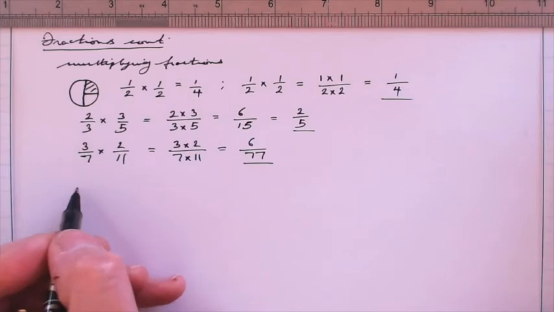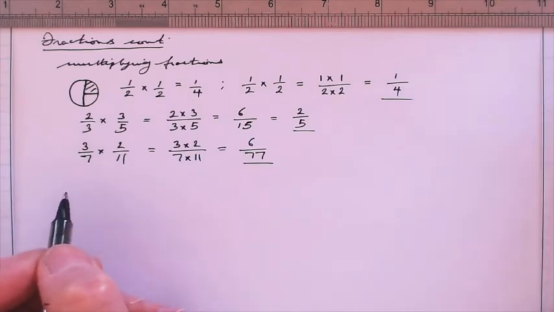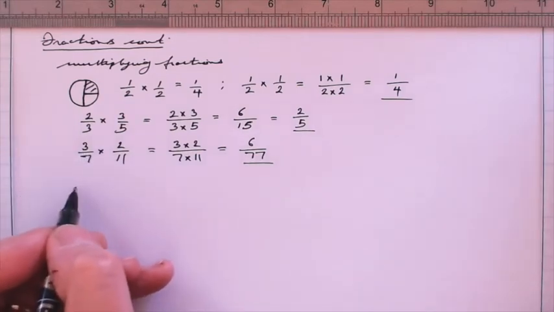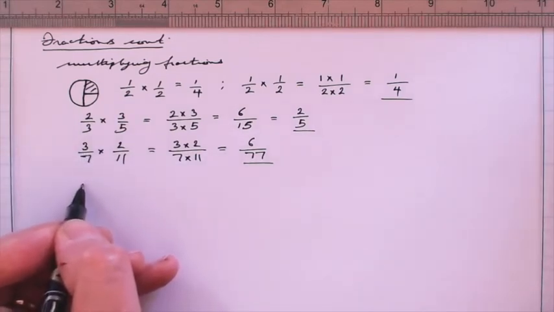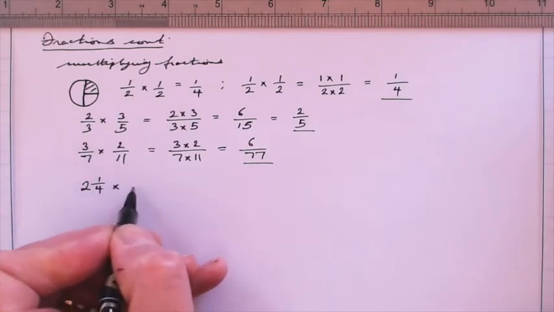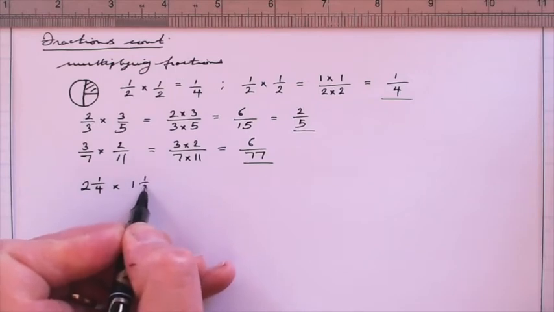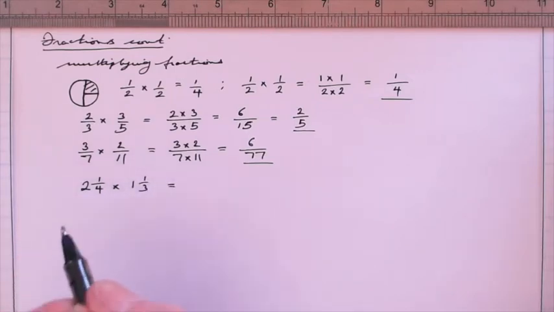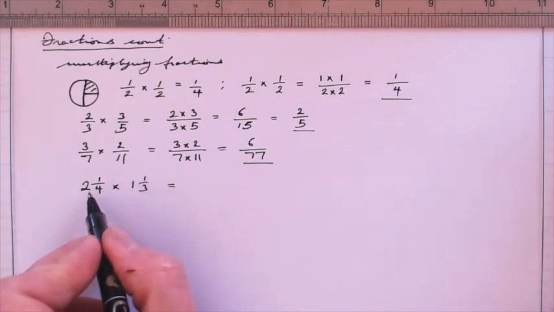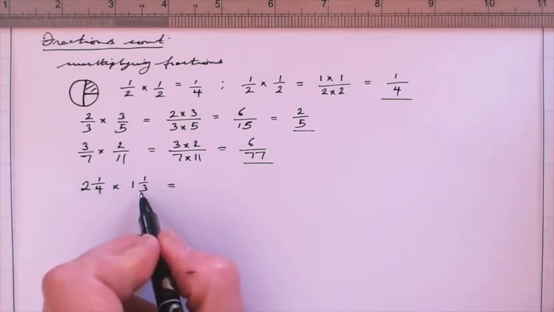If you have a problem where you are multiplying mixed fractions together, you would first need to turn them into top-heavy fractions. So for example, if you had the problem of, let's say, 2 1/4 multiplied by 1 1/3, you would first need to convert each of these into an improper fraction.